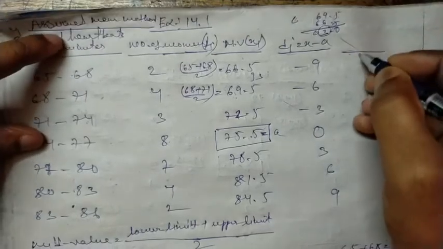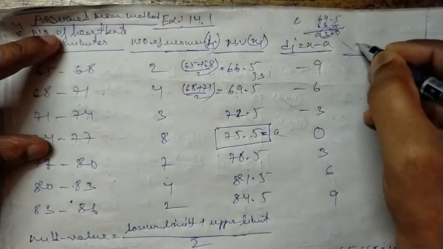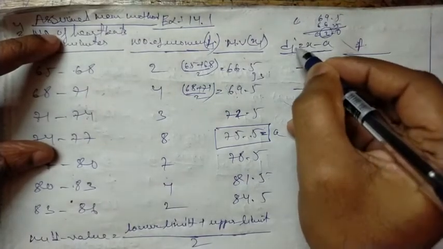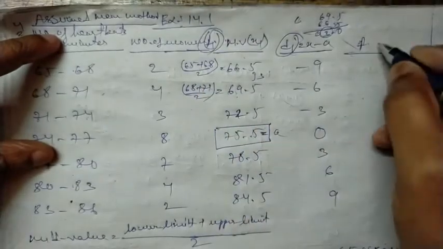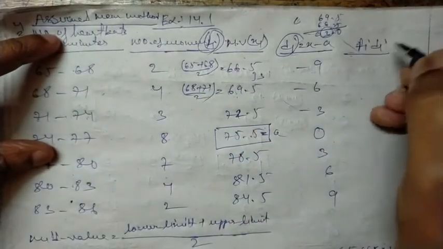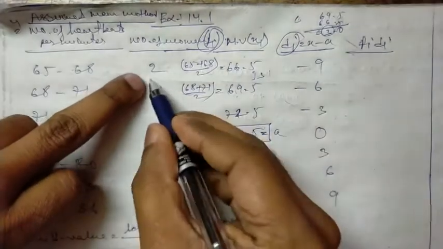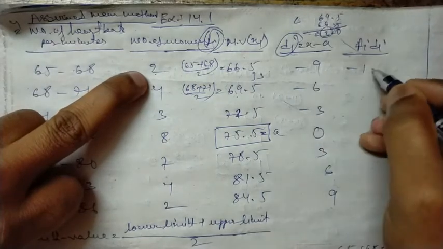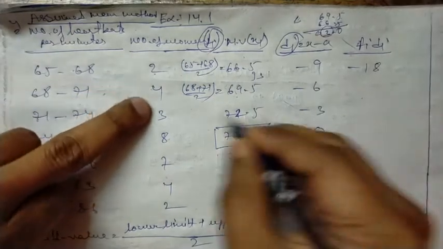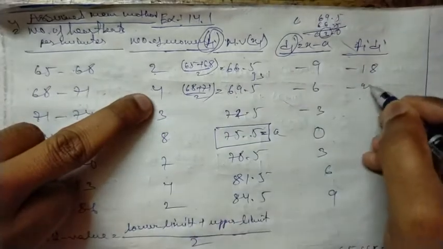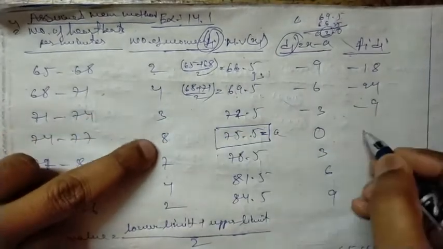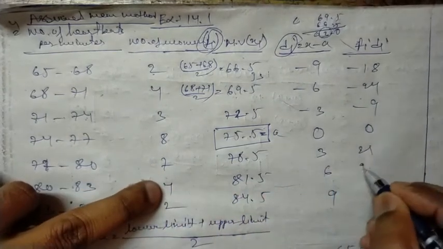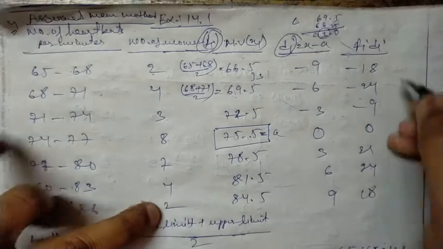Now we will multiply fi and di. This is the frequency: 2 nines are 18, 6 fours are 24, 3 threes are 9, 0, 7 threes are 21, 4 sixes are 24, 2 nines are 18.